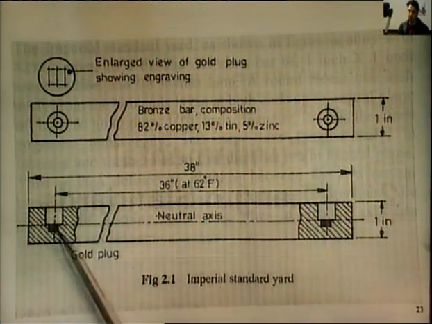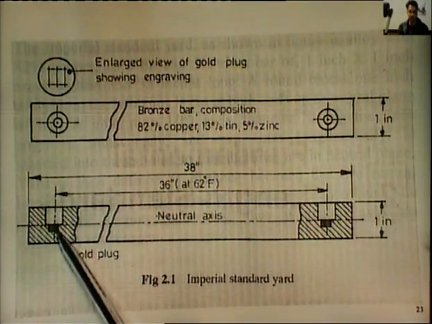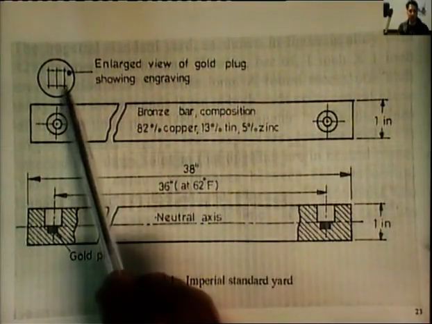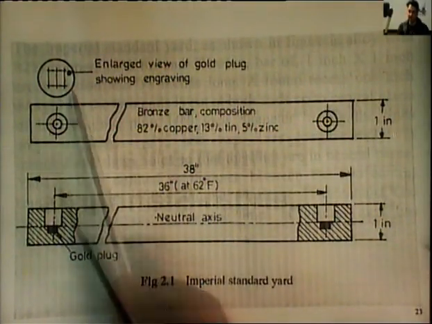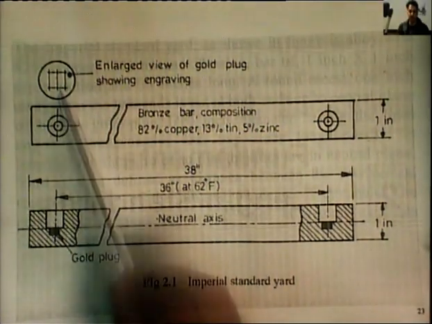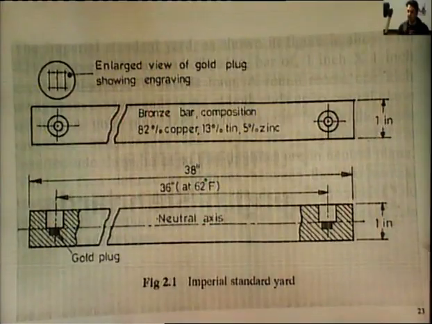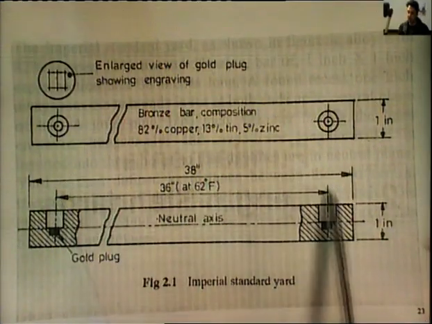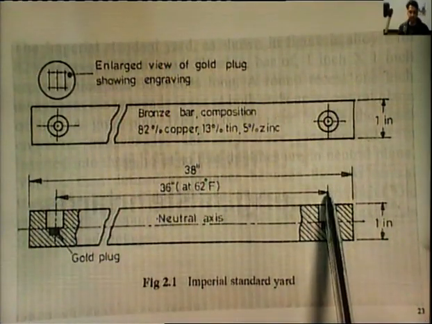In these holes they had placed gold plugs on which there was engraving as shown in this figure. So, these gold plugs had these fine engravings. So, the length was considered as on these engravings from this point to this point on the other end.